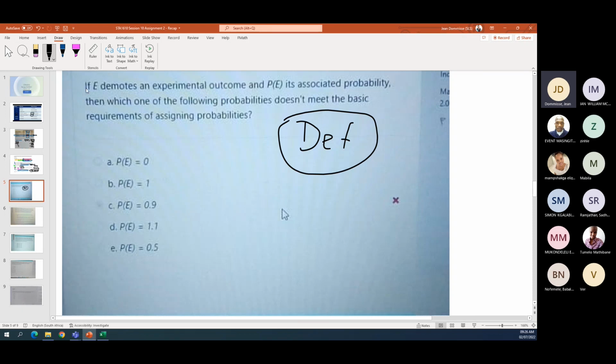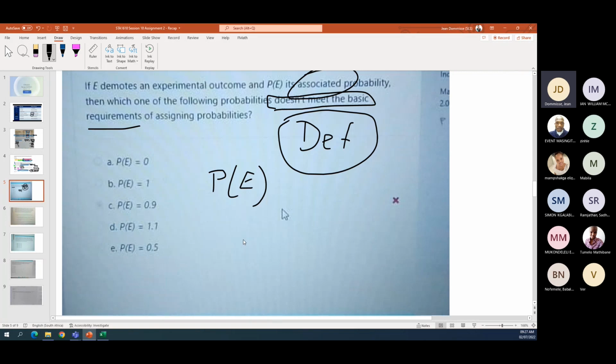If E denotes an experimental outcome and P(E) its associated probability, using just big words here, so what is the probability that can be linked to it? Which one of the following probabilities does not meet the basic requirements?